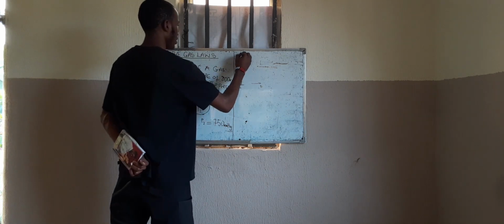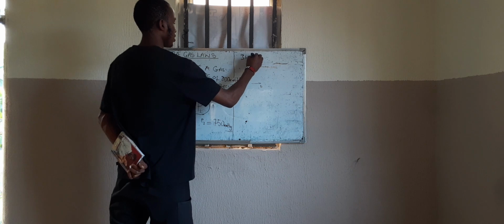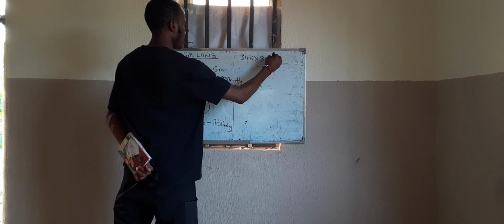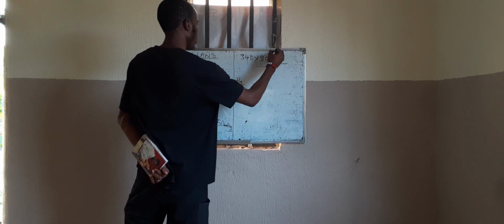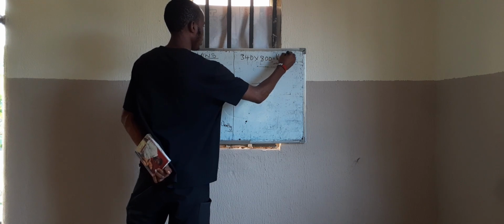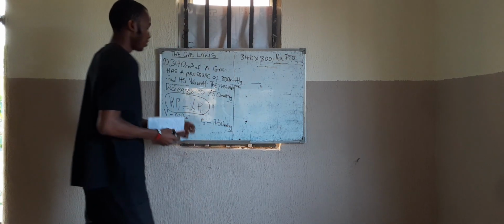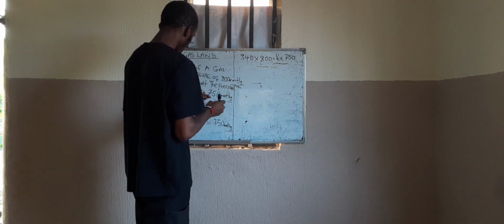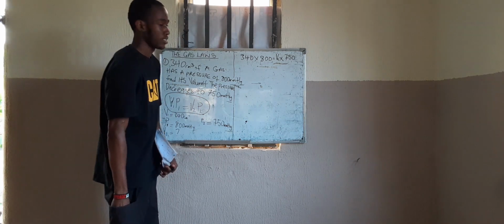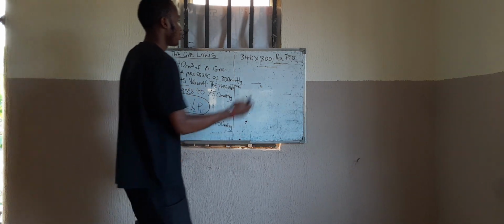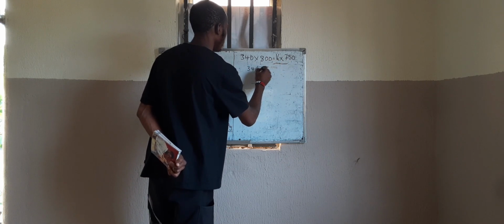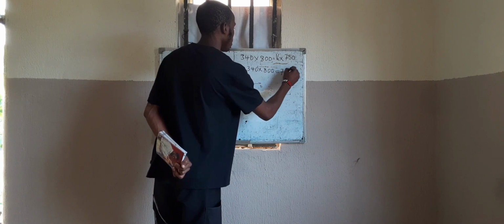We have 340 times 800 equals V2 times 750. So we now have 340 times 800 equals 750 V2.